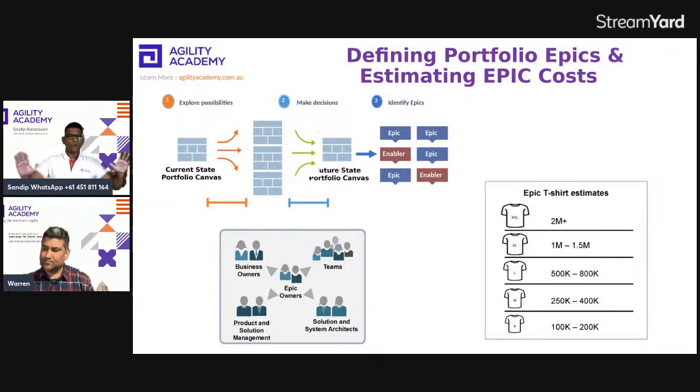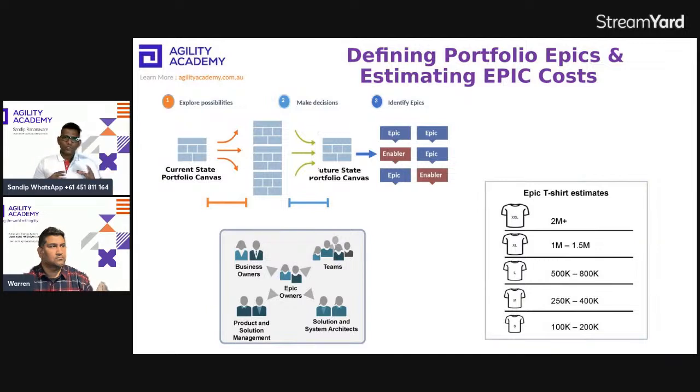Okay, we have got this roadmap. We know our strategy is to, let's say, expand our offerings across the entire Europe. And for that, these are the big rocks. These are the big investments which need to be made. These are the business cases. Now, how do you define those epics in detail, and how do you estimate those epic costs?